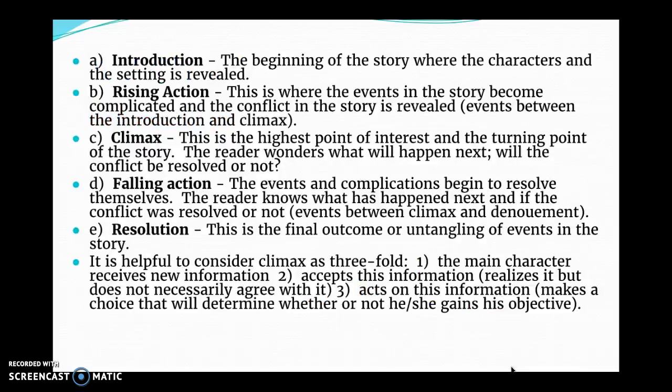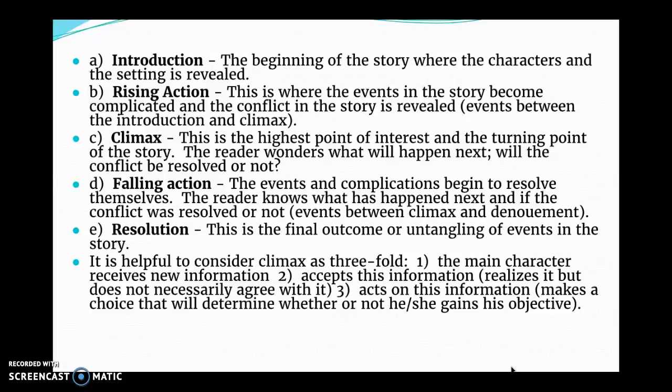The introduction or exposition is the beginning of the story where the characters and the setting are revealed. Rising action is where the events in the story become complicated and the conflict in the story is revealed. Climax is the highest point of interest and the turning point of the story.